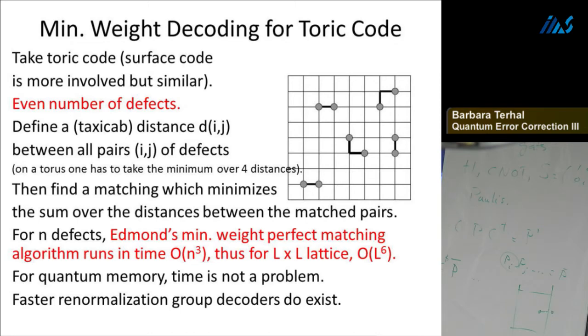So after I've done this first round, where I've removed some of the defects, the ones that could be paired up, I enlarge my cell size, my window, make it twice as big. And then with the remaining defects, I start pairing those up. So now I get to pair up defects over a larger distance. And again, I will have some defects which are an odd number of defects in this bigger cell size. So then I go to a larger cell. So that's the renormalization group decoder idea.